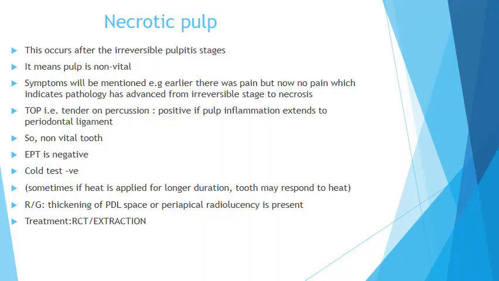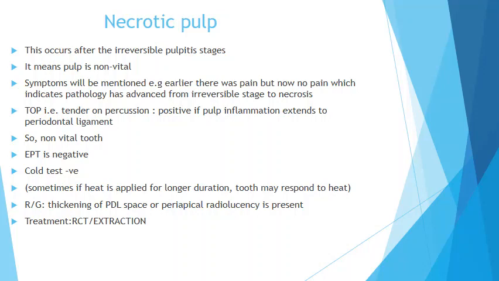When you do the cold test, the symptoms are mild and there is a transient pain which resolves within seconds. If you have reversible pulpitis, you will feel sharp transient pain when you apply a stimulus, and when you remove the stimulus, there will be an immediate relief.